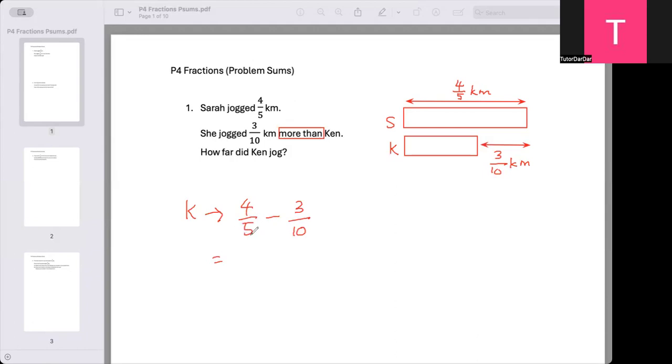So we have to make this denominator the same as this 10. So multiply by 2, we get 8/10 minus 3/10, which is 5/10 kilometer. So this will be the answer. For this question, they never say you have to leave the answer in the simplest form, so you can leave it like this.